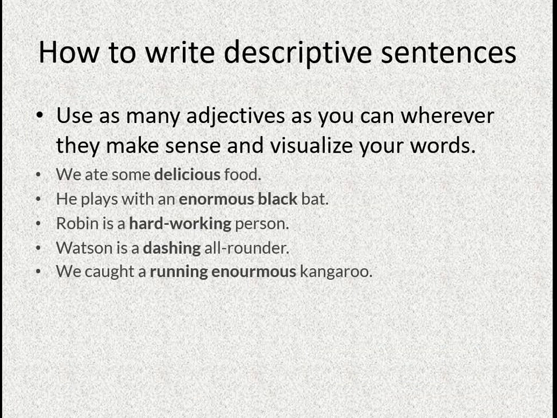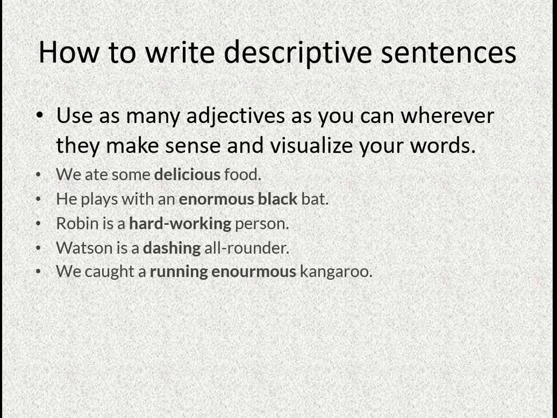How to write descriptive sentences. To write descriptive sentences, we need to use some adjectives. Adjectives that help us to create our image. When we say, we eat some delicious foods. He plays with an enormous black bag. Robin is a hard-working person.